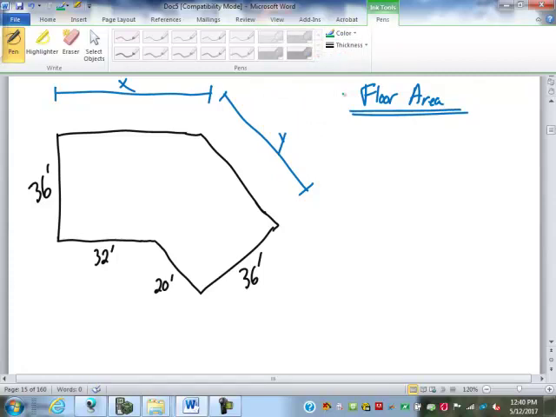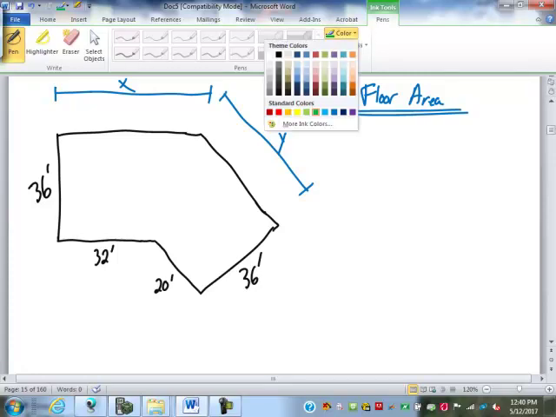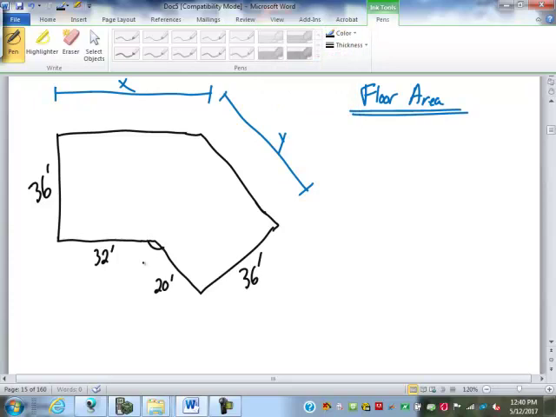So how am I going to go about doing that? Other piece of information I need to know, by the way, is this angle here. Let's say that that's 120 degrees. Now, the way this one's drawn, it's probably more like 145, 135, but that's okay. We're going to call it 120.